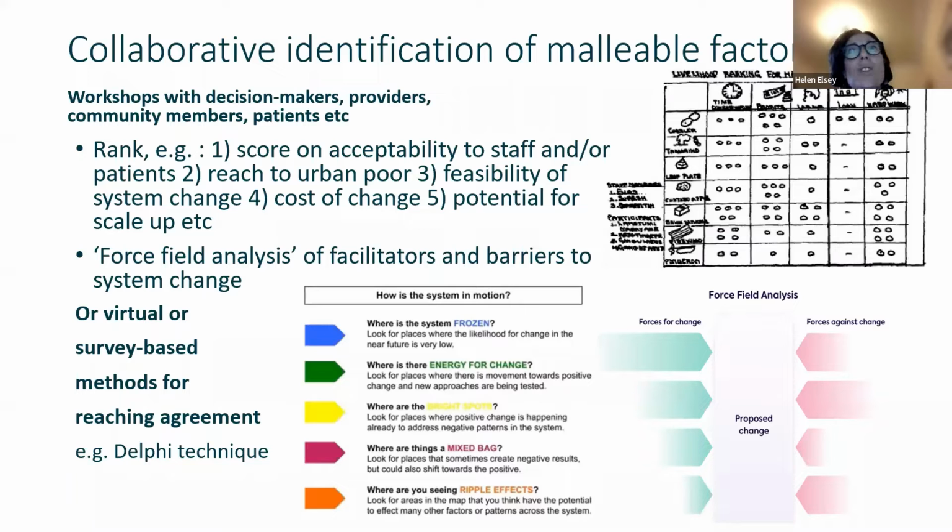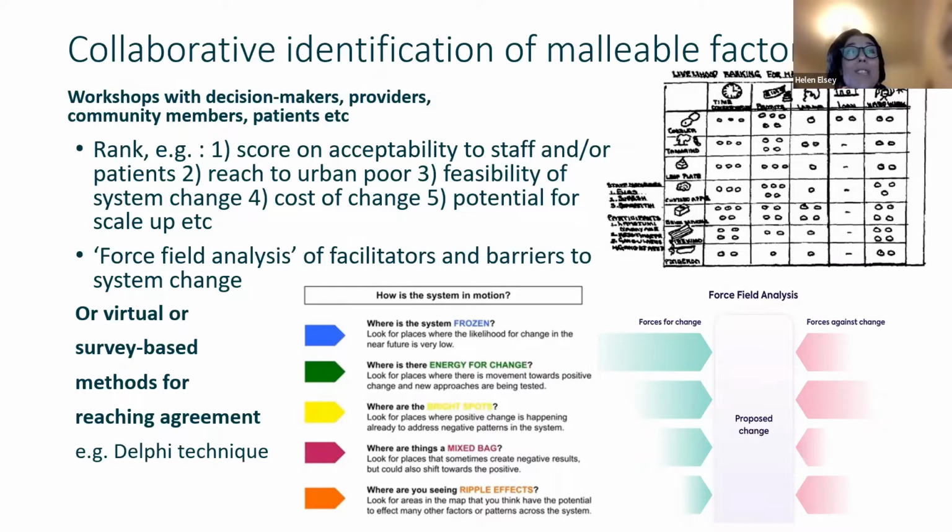We've asked stakeholders to rank different aspects of the intervention in terms of which they think is the most acceptable to staff, most likely to reach the urban poor, most feasible within the system, or the cost, potential for scale up. There could be different criteria that your team think are most important, and you can ask stakeholders to rank on the basis of that.